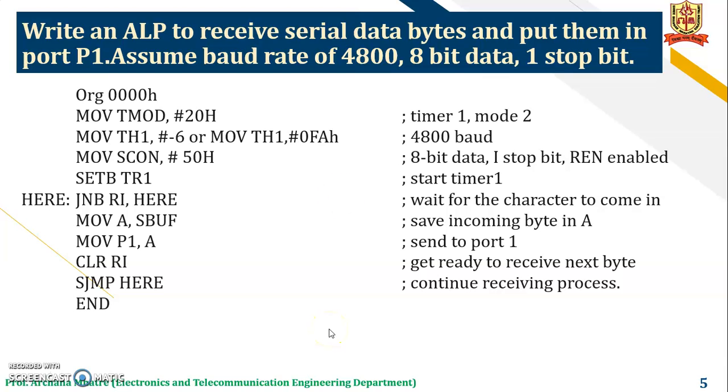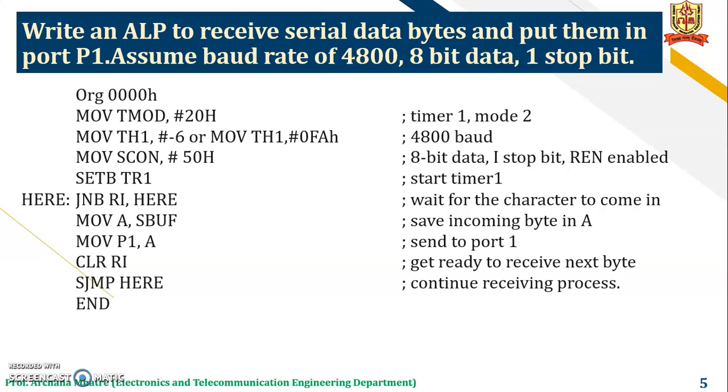Then next, the SCON register will be loaded with 50H, that is 8-bit data, 1 stop bit, and the REN bit is enabled. Then start Timer 1 with the instruction SETB TR1. Then wait for the character to come in, that means wait for the receive flag. If it is not set, then jump on the same instruction, and if it is set, then go to the next instruction.